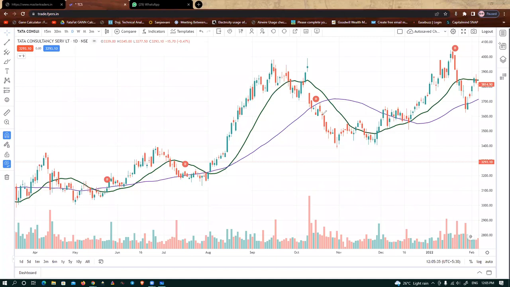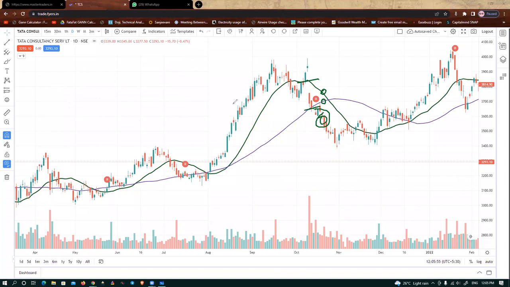These two actions you can take. If it is weak, below the 20 and also the 50, it means very weak. When it is between the two, what does this mean?